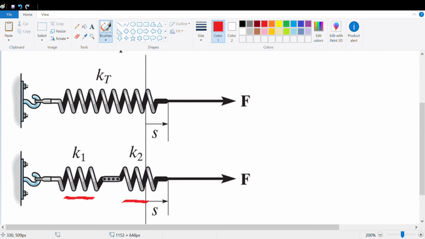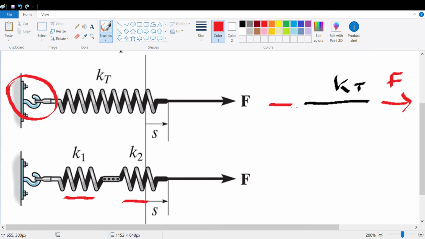As in any static problem, you should always start by drawing the free body diagram. So this is your body, Kt, your spring, subject to a force F. Now, in order to be in equilibrium, this hook has to express the same force on the other side.